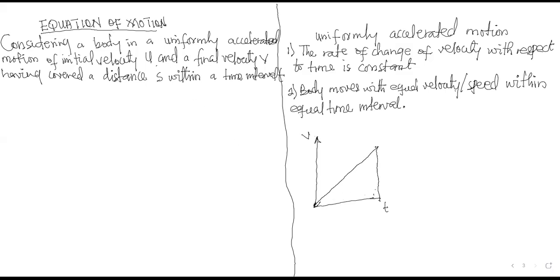Good. And because this slope, which represents the acceleration, is the same or uniform everywhere, we say that the motion is a uniformly accelerated motion. So our equations of motion hinge on a uniformly accelerated motion, meaning that you cannot use this for a non-uniform motion.